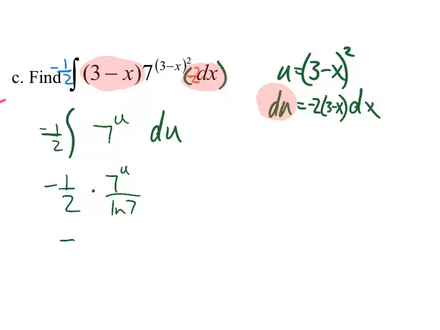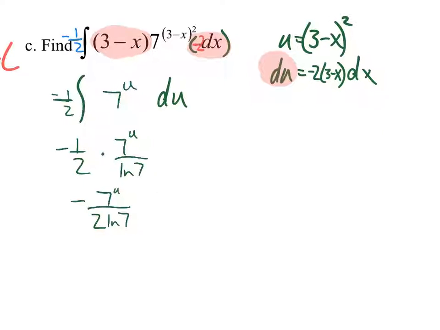So we have a -7 to the u over 2 ln 7. And I need to substitute back in the 3 minus x squared. And I could, if I wanted, make the bottom an ln of 49, pull the 2 in as a square. Okay?